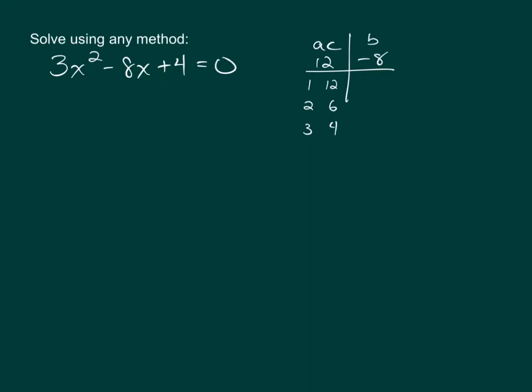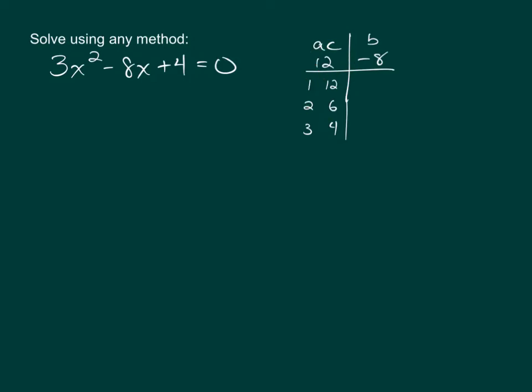And as they are right now, when we add these two numbers together to see if we can get negative 8, we will get only positive numbers. So as these are, these will not work for us. It turns out that if you are getting a positive product, there are 2 ways to do that.